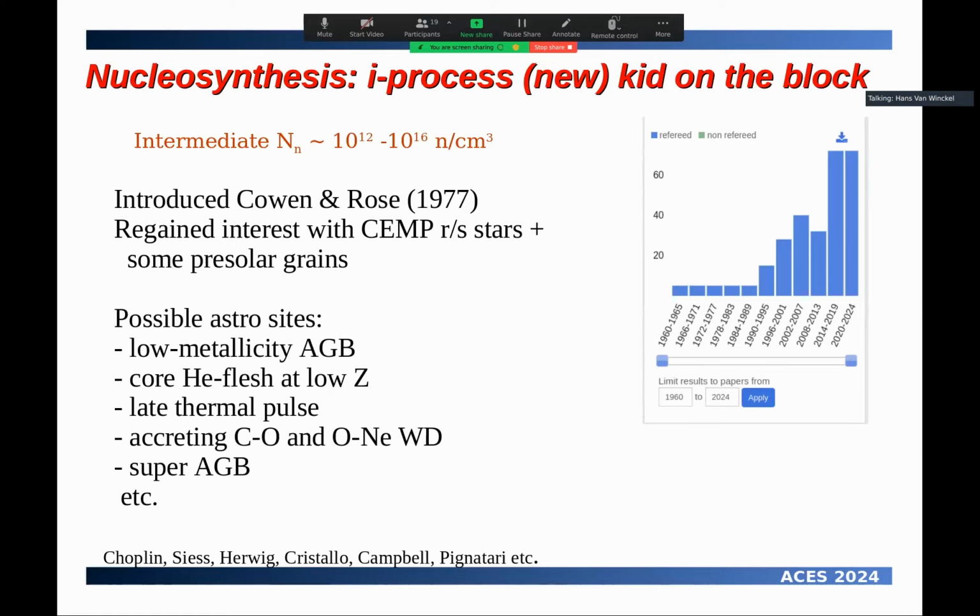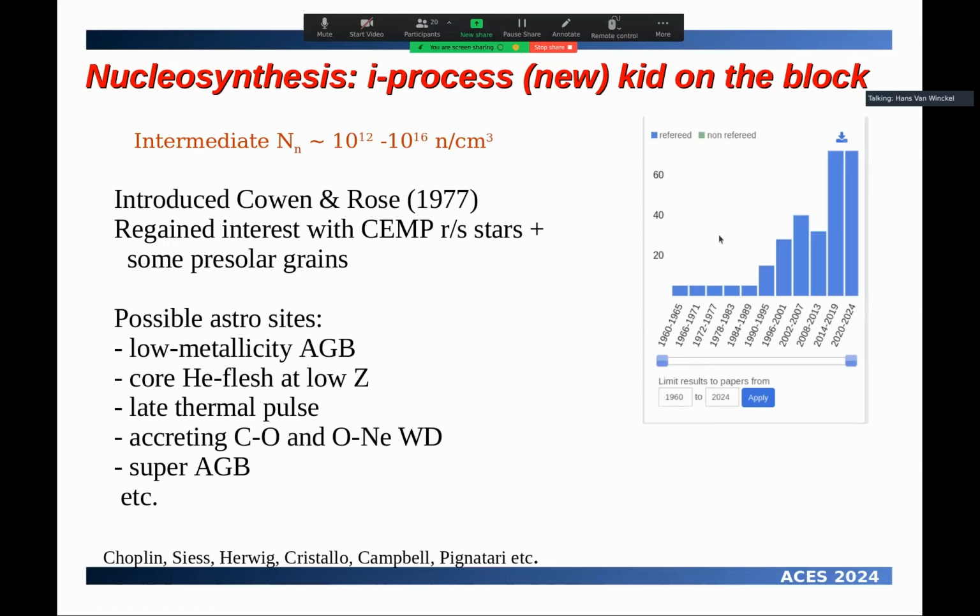And it's difficult to imagine, in two different processes, that you have pollution by a supernova and pollution by an AGB star. So there are ways to look for regions in nuclear space, let's say, where you create densities which are in between. That's why the I process gained a lot of attention in recent years.